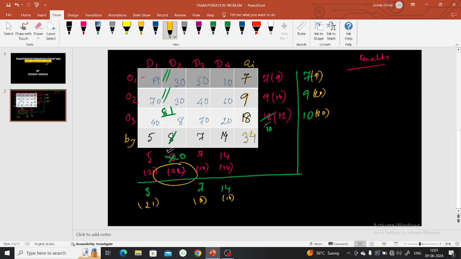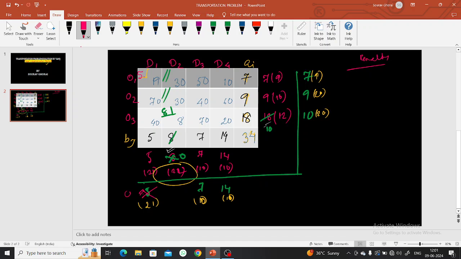Now find again which one contains the maximum penalty. That is 21. Which one is the minimum in this column? 90. The demand is 5 and the supply is 7. So give 5 here.